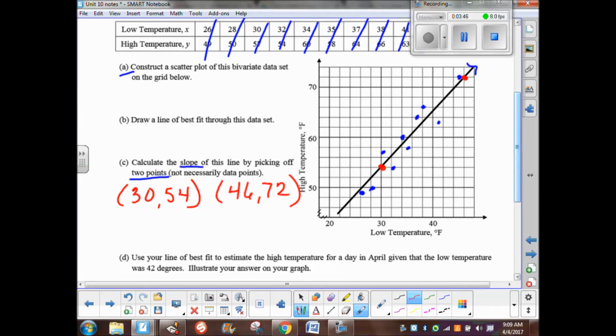Those two look good. Now my slope formula is change in y over change in x, or y2 minus y1 over x2 minus x1. Take your two points and calculate your slope. I'm going to calculate mine, and we're going to see that they're going to be really close. Go ahead and do the calculation of your slope while I do mine.